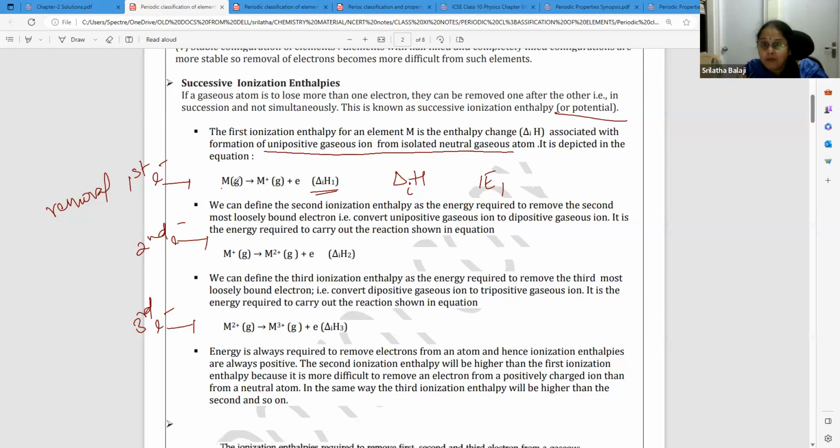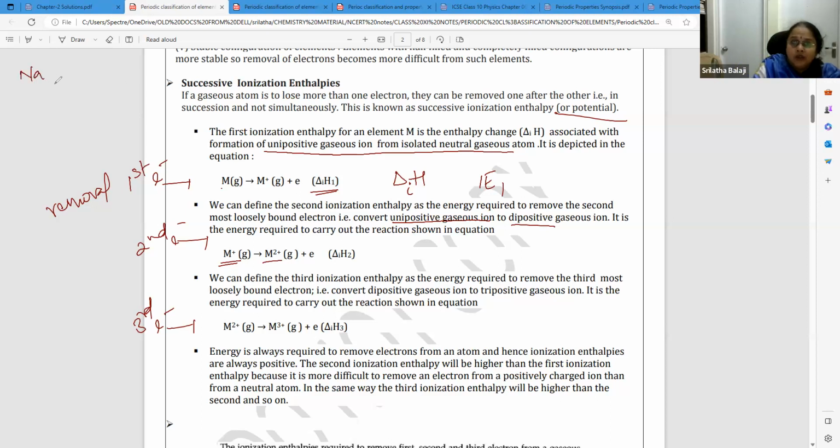Second ionization enthalpy. From monopositive gaseous, you're forming dipositive. M plus to M2 plus. Dipositive, M2 plus to M3 plus. See, as simple as that, so you have sodium.